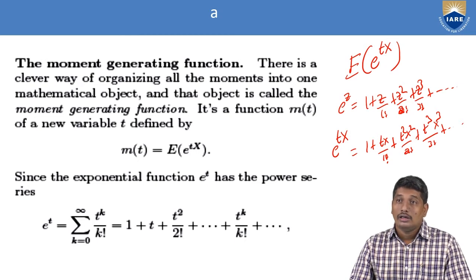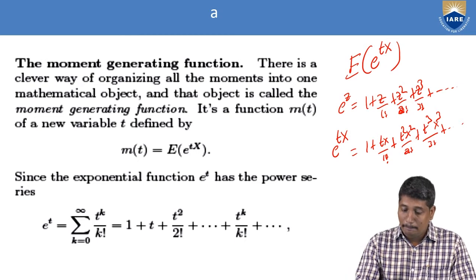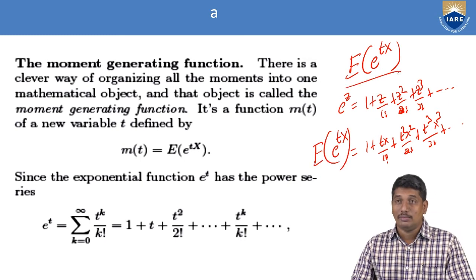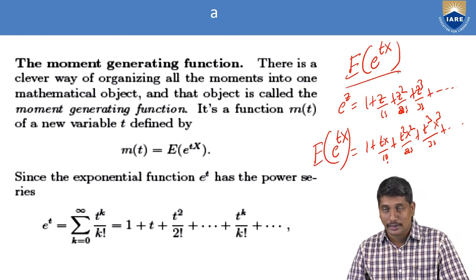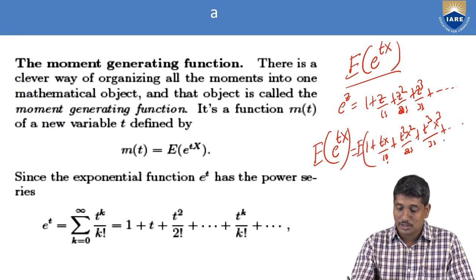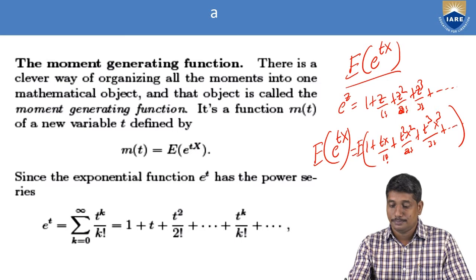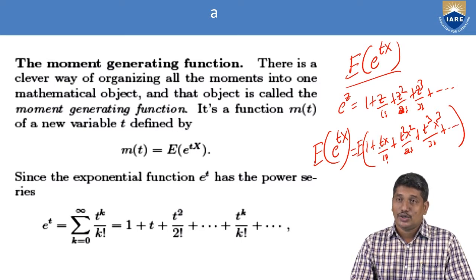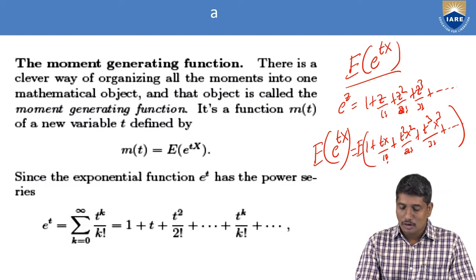Now let us apply expectation on both sides, because we have to calculate the moment generating function. Here t is treated as a constant and it can be written outside.